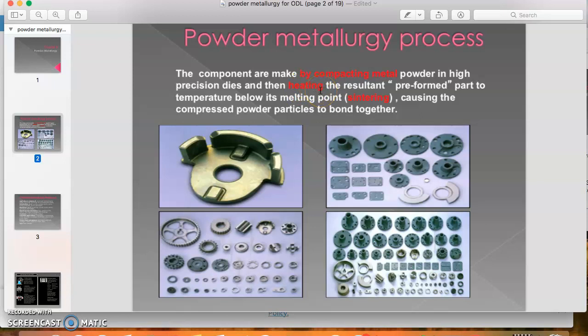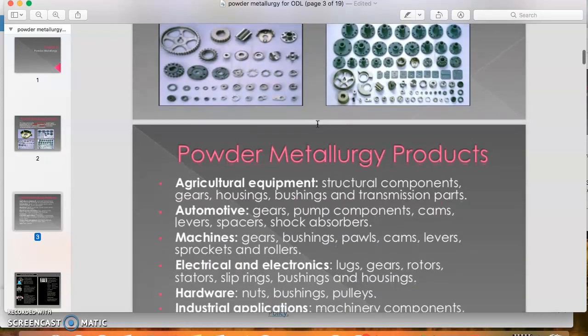After the heating process, the grains of the metal powder contact each other and create a bond between them. We call this heating process the sintering process, in which the compressed metal powder bonds together to increase its strength.